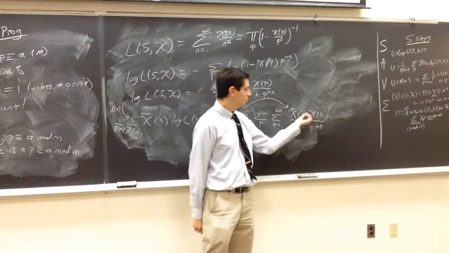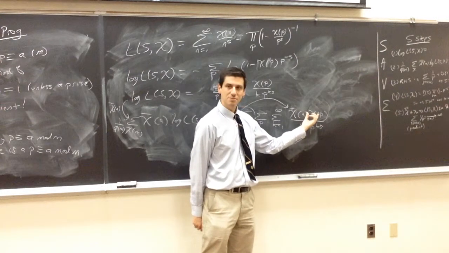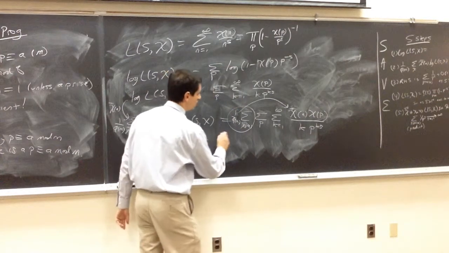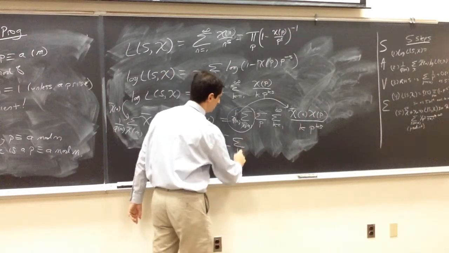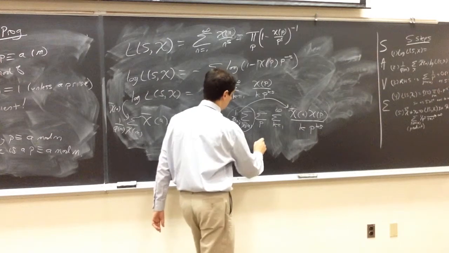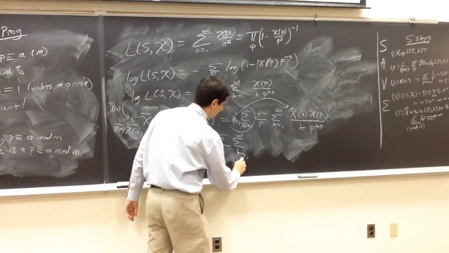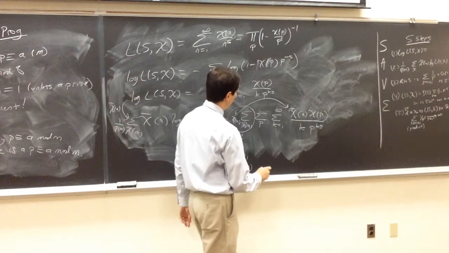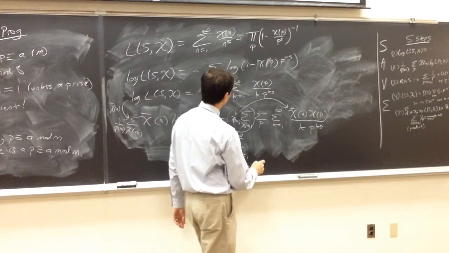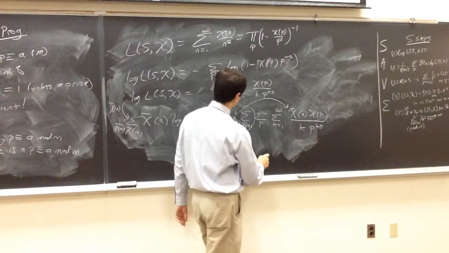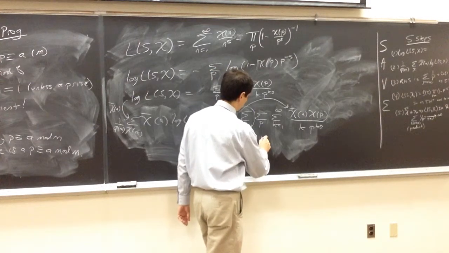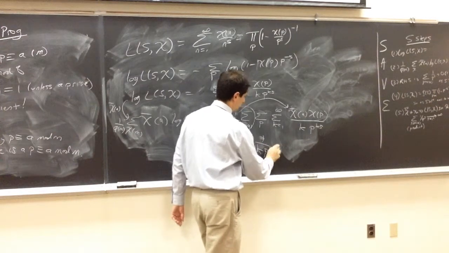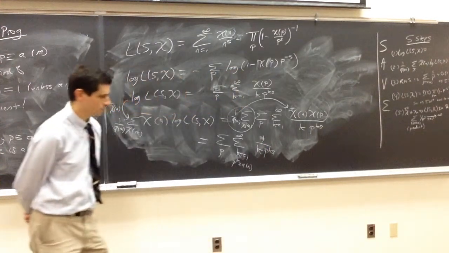Basically, if p is congruent to A mod m, these are multiplicative inverses of each other, their product is 1, and the sum reduces to the sum over p, the sum over k from 1 to infinity, with p to the k congruent to A mod m, of 1 over k p to the ks, up to some small algebra mistakes.